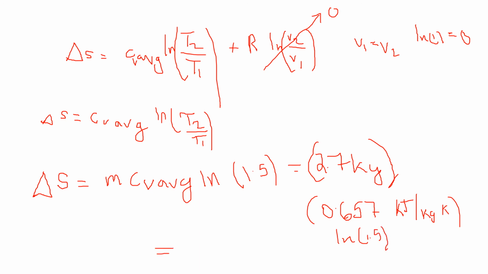We get it as 0.719 kilojoule per Kelvin.